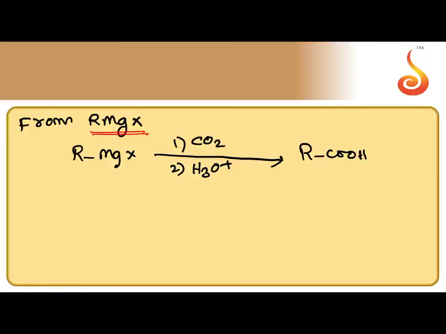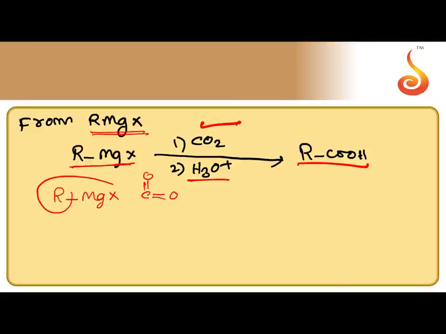Next, from Grignard's reagent. By using Grignard's reagent also we can prepare carboxylic acids. When RMgX is reacted with carbon dioxide followed by hydrolysis, we can get carboxylic acid. R acts as nucleophile in the presence of electrophilic carbon; R immediately comes out in the form of R minus, and attacks the electrophilic carbon of carbon dioxide.